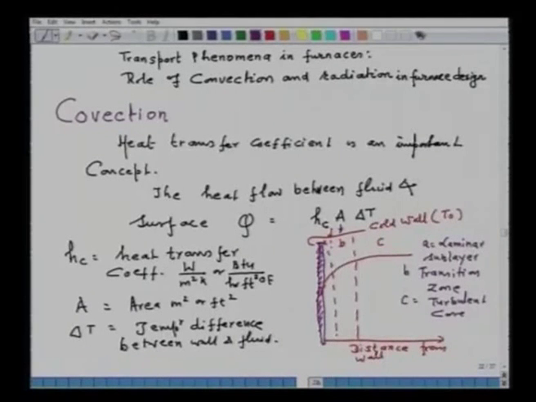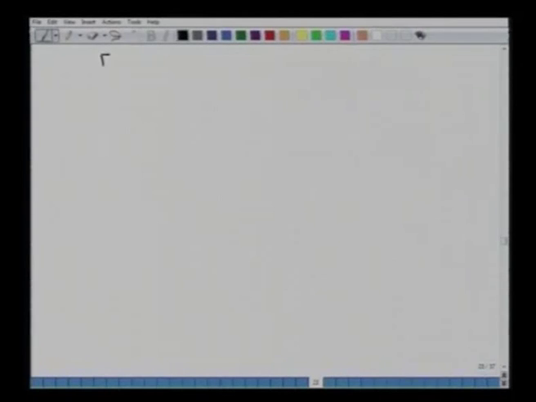Now, as such, we have to characterize the convective heat transfer. So, we have either free convection heat transfer, and free convection heat transfer occurs because of the difference in temperature.